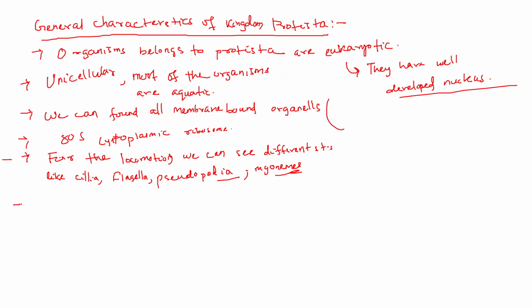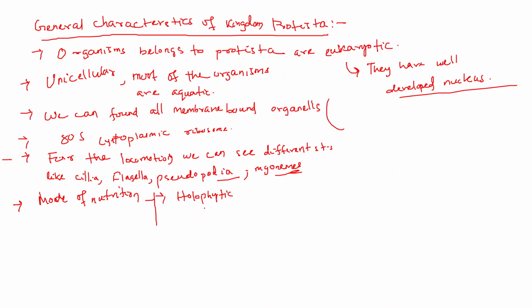Then the next general character is mode of nutrition. How they get their nutrition is also of different types. Mode of nutrition is like holophytic.